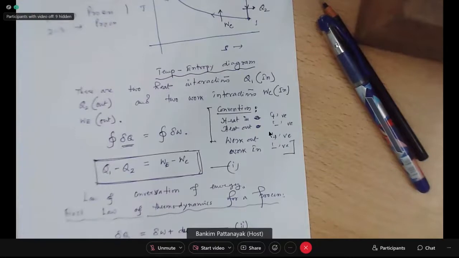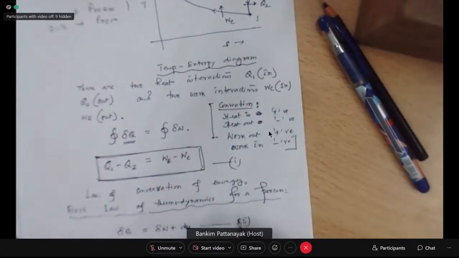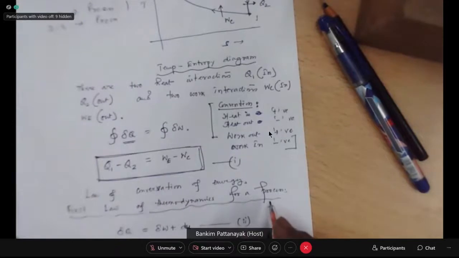One, it may have work interactions, and or it might change the internal energy of the system, which is what happens when we heat something, right? So this is the first law of thermodynamics for a process.